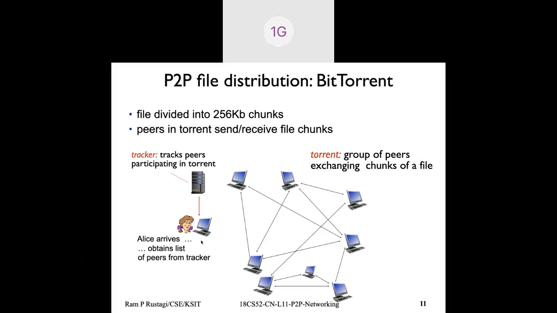Now Alice has got a list of peers, and it talks to them and asks what chunks they have got. It gets the list of chunks each peer has got, and now decides that it needs to get the data, and starts communicating with peers to get the chunks.